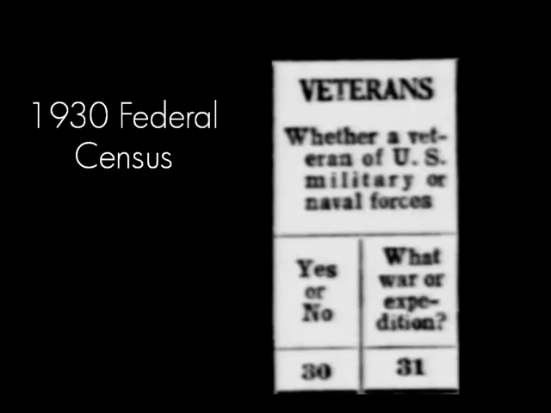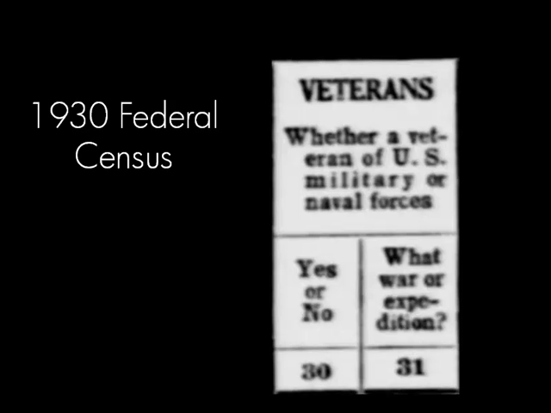So the 1930 census asks, in columns 30 and 31, you can see there, whether each resident was a veteran of U.S. military or naval forces. Yes or no, and what war or expedition. Now, if you do the math, in 1930 the war had ended 65 years previously. 1865 to 1930 is 65 years.